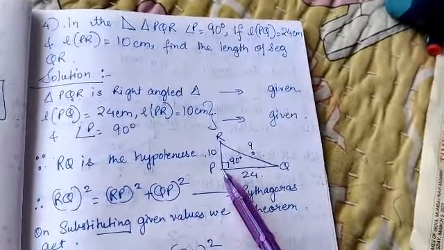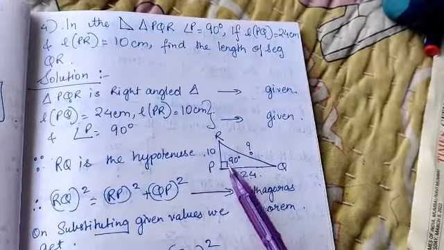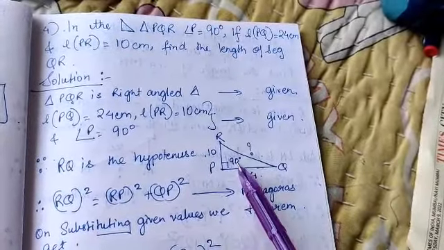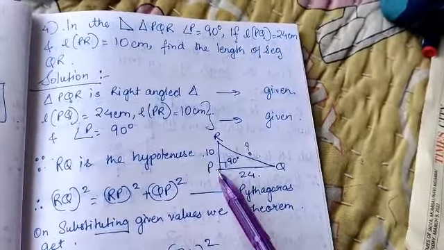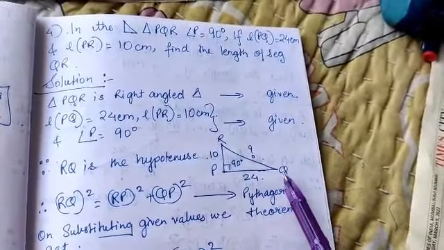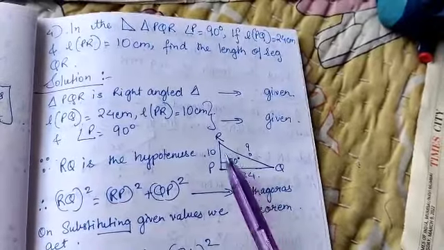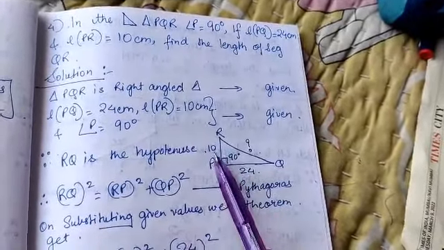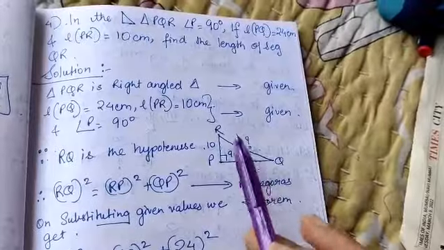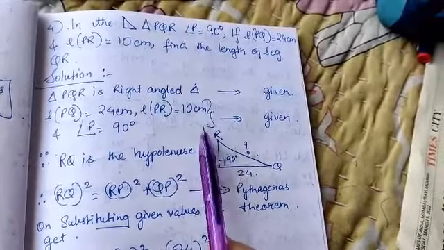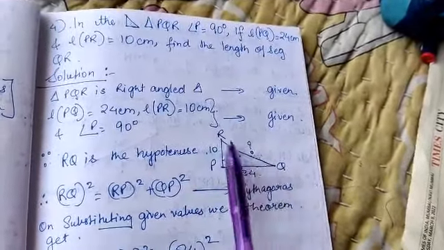So first we'll mark our angle P and write the measurement as 90 and name it as P. Now from here we plot the other points. So PQR. PQ they have given us 24 and PR or RP they have given us as 10. So this is our right angled triangle and we need to find out the measurement of RQ or QR.